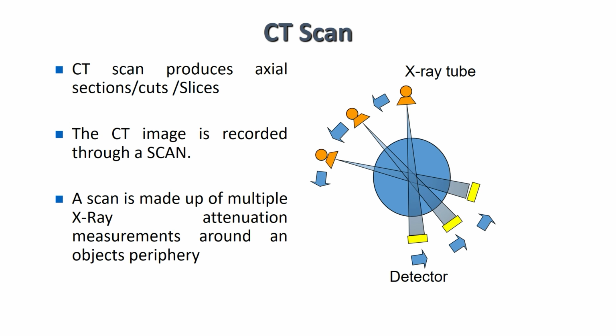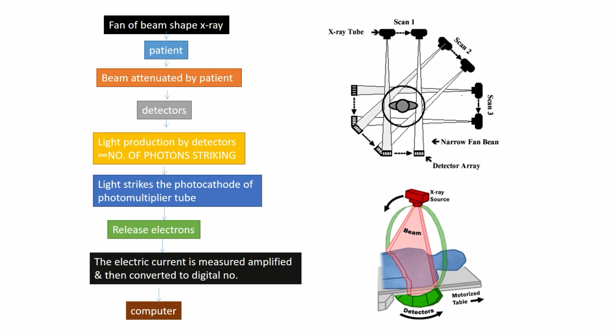The CT scan produces axial sections, cuts or slices of the patient's body, which are recorded by the detector and sent to the computer. A CT image is made up of multiple X-ray attenuation measurements around the object's periphery. A fan-shaped X-ray beam is passed through the patient, and the X-ray beam gets attenuated by the patient.